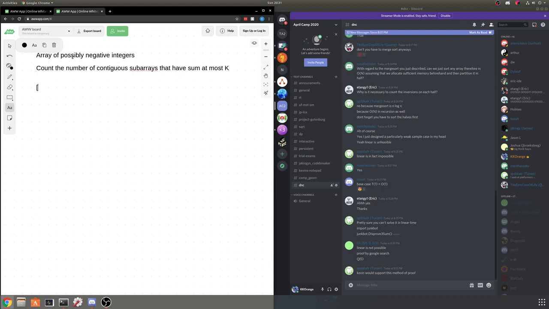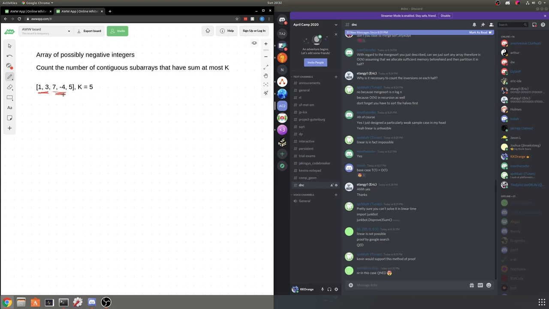So for example, if you have an array like this, and k equals, let's say, 5, then this subarray would count as one that has sum at most k.